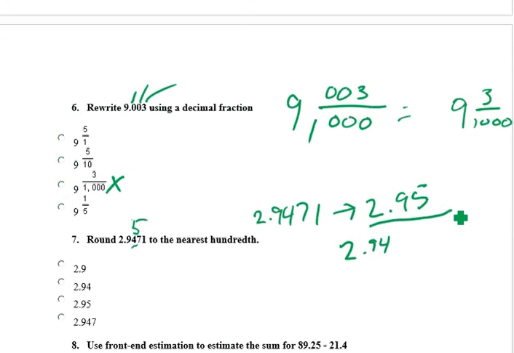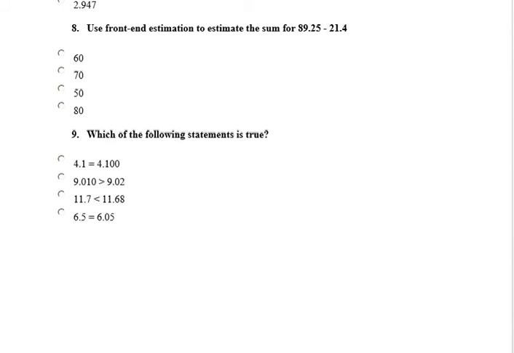Because if I added 29, I would be at 2.95. Otherwise, I would have to subtract 71 to get here. So where's my correct answer? Right there. So that's how you round. Underline the number you're dealing with, then look to the number to the right. 5 or above, give your number a shove. 4 or less, let it rest.